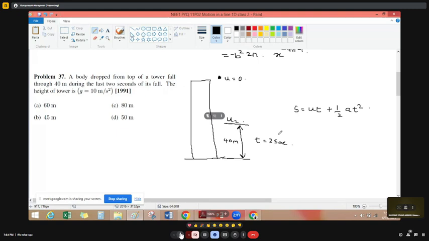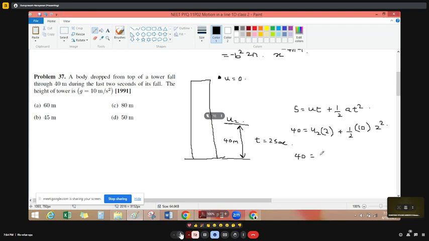That means for this region I can put 40 here. u2 I do not know, so I'm going to write as u2. Time taken is 2 seconds. And then g is 10. T squared is 2 square. So simplify this and tell me what you are getting.